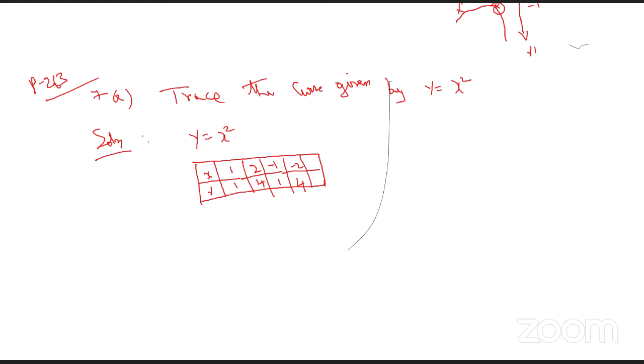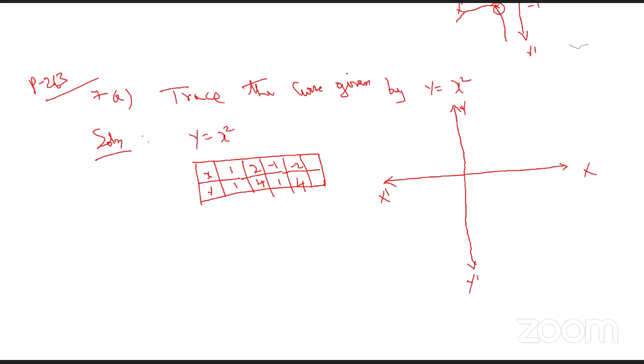Now on the graph paper, you can draw first the x-axis and y-axis with the help of a scale. This is x dash, this is y, y dash. Now mark the points.